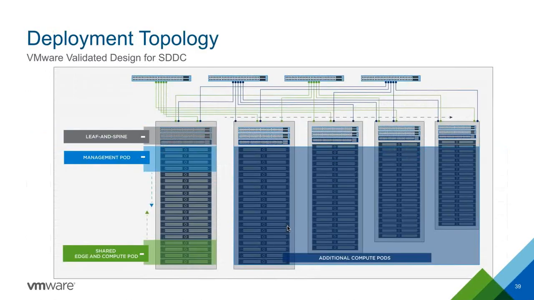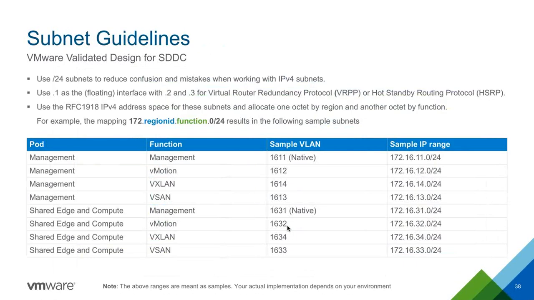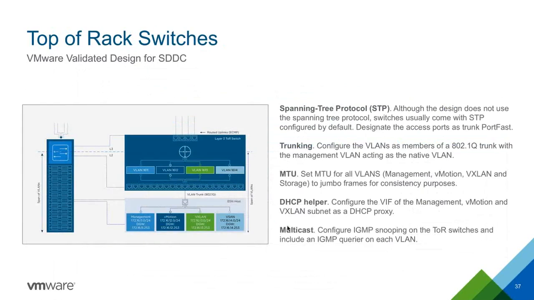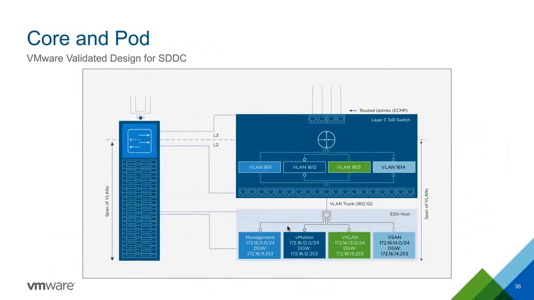Ryan, I think I saw that the default gateway that you had in the previous slide differed from what you were saying for the VRRP. Good point. This one actually happens to be from a lab that I had, but 253 sometimes is used.